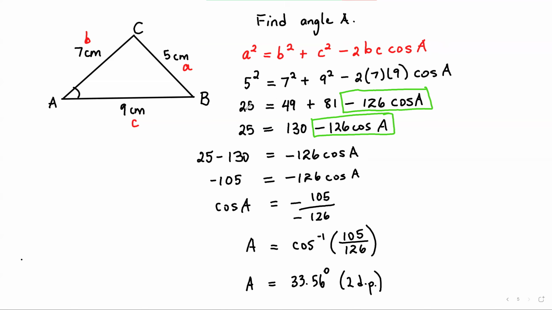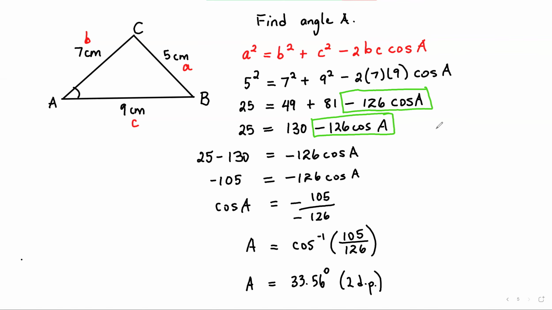And now I start to simplify. So 5 squared is 25, 7 squared is 49, 9 squared is 81, minus 2 times 7 by 9, which is 126, cos of A. The reason I put this rectangle around it is so that I know that I cannot touch that as yet. I do not minus 126 from the 49 plus 81.